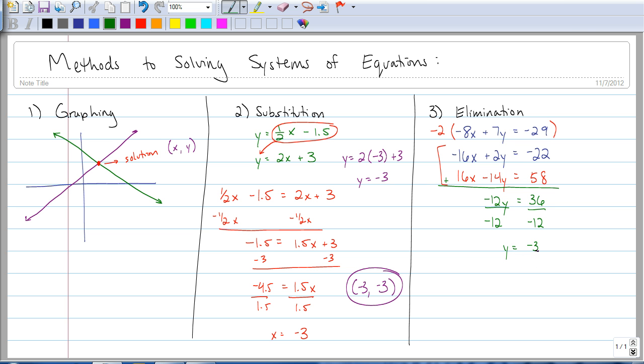So remember, I'm not done. Remember, I have to figure out what x is. It doesn't matter which equation I use. I can put -3 into the first one or -3 in the second one. Well, let's just say we do it in that first one. So it's -8x plus 7 times -3 equals -29. Well, 7 times -3 is -21.